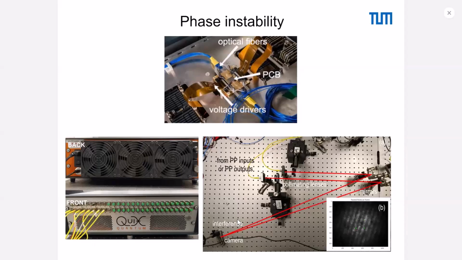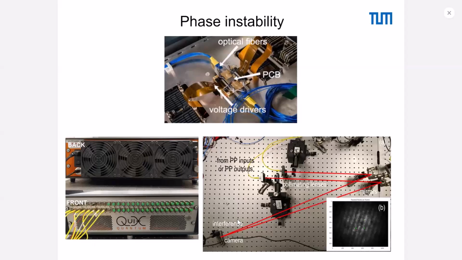I did not catch the algorithm part of your feedback control very well. Can you tell me something more? Depending upon the unitary that you're trying to implement, does it work faster or slower? For example, if it's something as simple as a Hadamard versus something more complicated, does the feedback control algorithm work faster if it's an easier unitary?